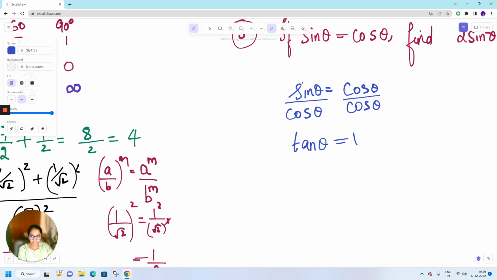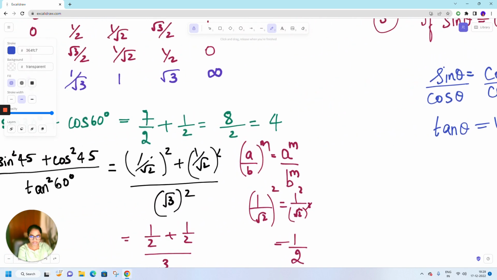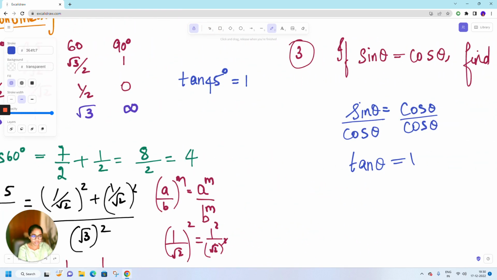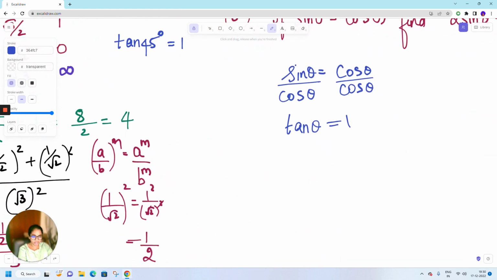For which value in this table is tan theta 1? See, tan theta is 1 for 45 degree. Yes, I can say tan 45 degree is equal to 1, right? So I have 1 here.